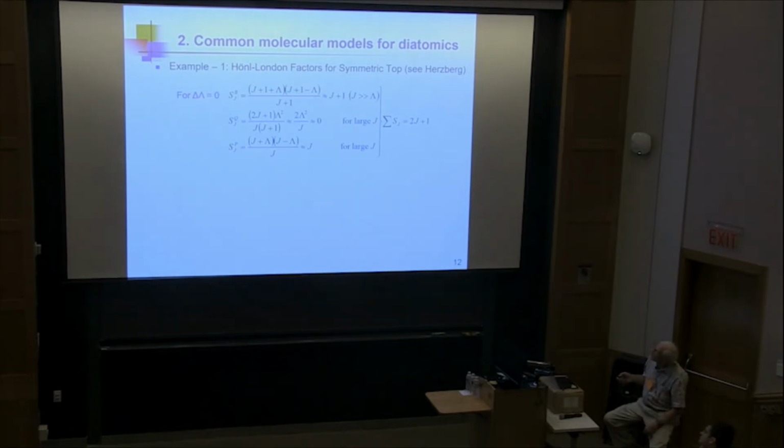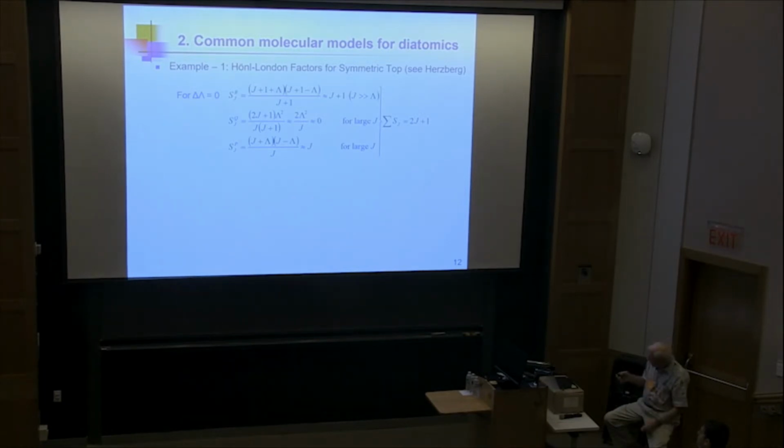In the case where delta lambda is 0, here's the strength, the Hönl-London factor, for the R, the Q and the P. They look kind of complicated, so just imagine them in the limit of large J. It's J plus 1, 0, and J. So basically, this explains the fact that for the R branch, J plus 1 over J is the weighting factor.